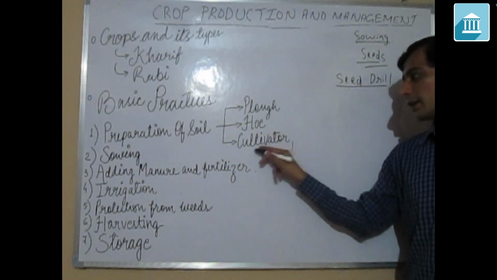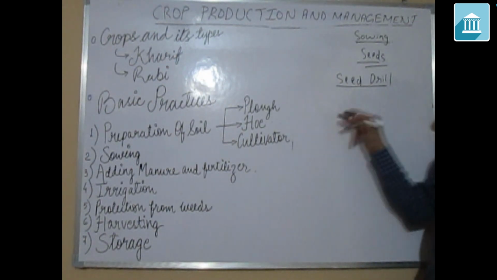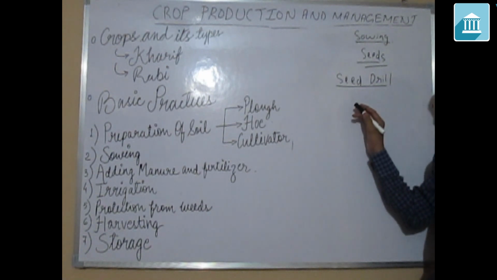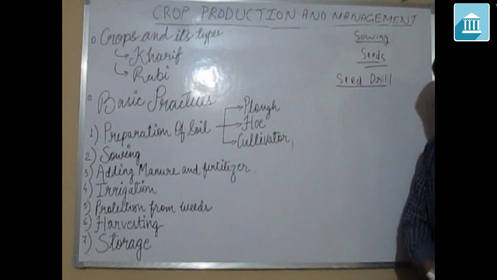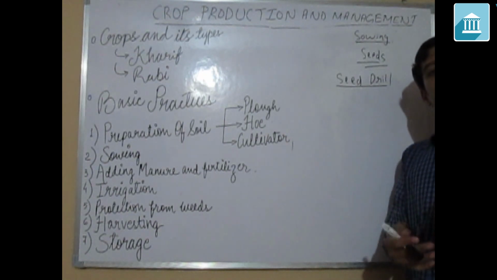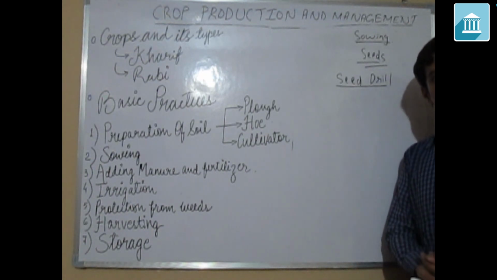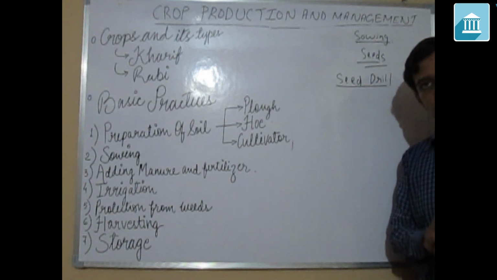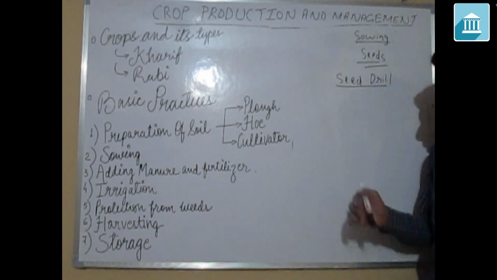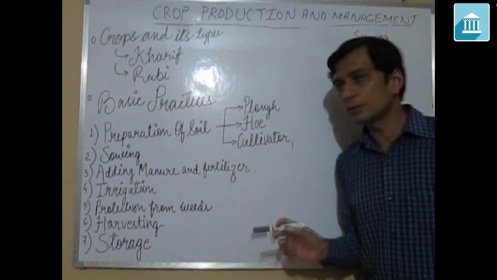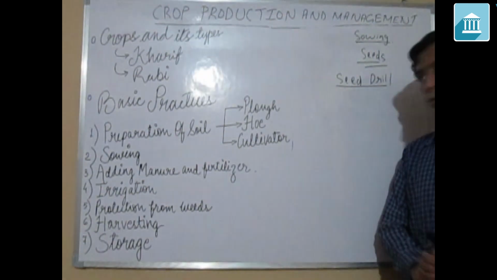Like in plowing, a cultivator was used; for pouring seed, a seed drill is used. When we move the tractor, they pour the seed and cover the soil, so both works are done simultaneously. This process is continuous. So this was all about sowing.